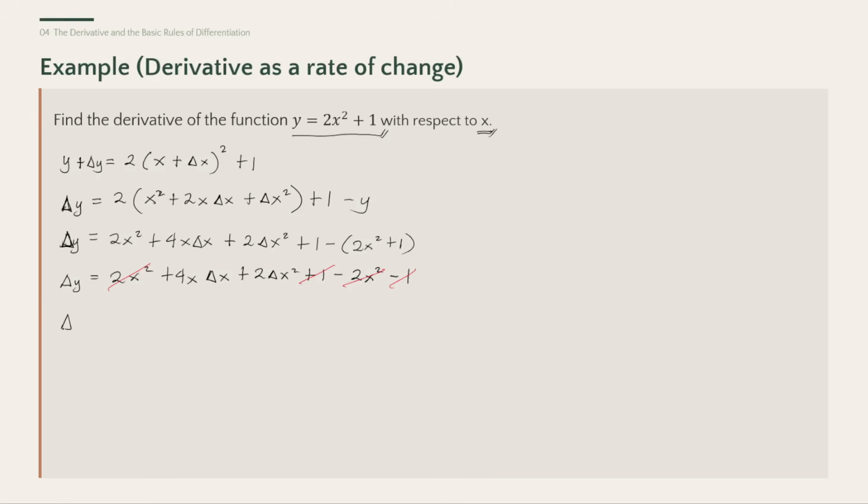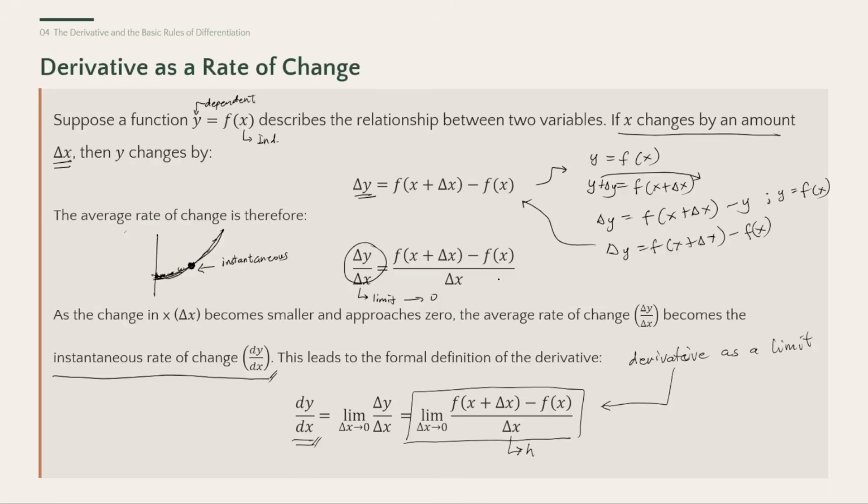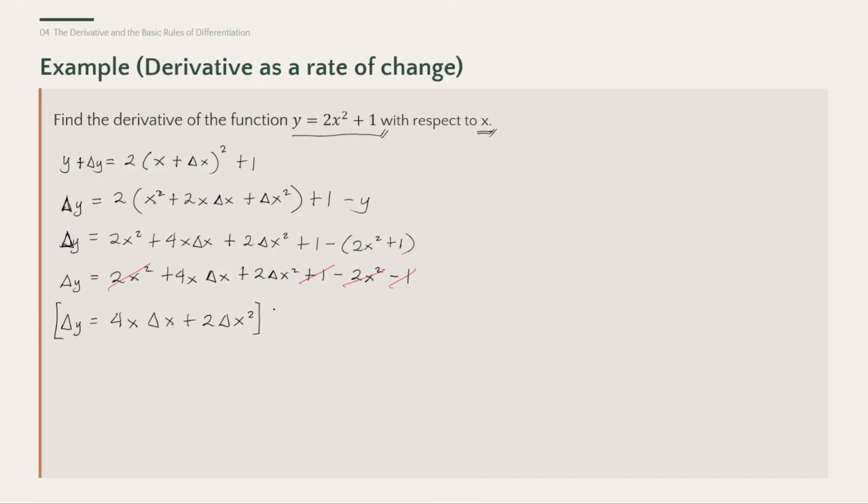What remains is 4x delta x plus 2 delta x squared. And to get the average rate of change, just like what is stated here, we divide both sides by delta x.